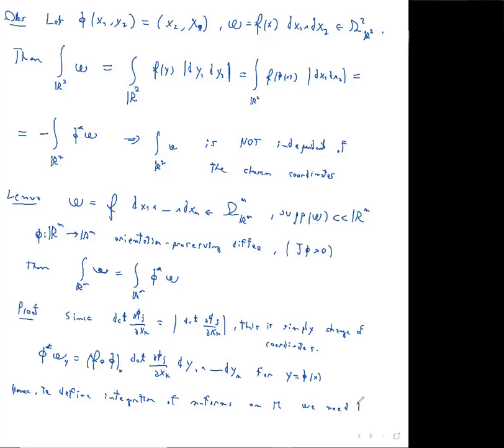So we need that M is orientable, and choose an orientation. It's not enough that it's orientable. We actually have to choose one orientation. And then basically say that the only allowed changes of coordinates are the orientation preserving ones.